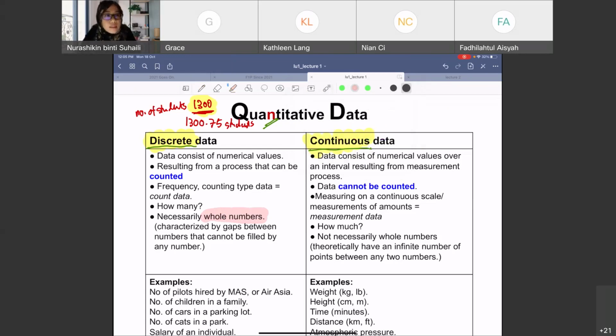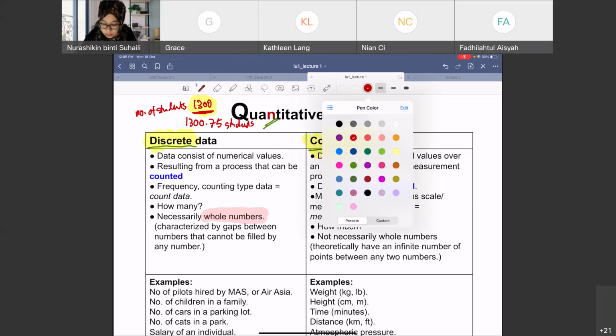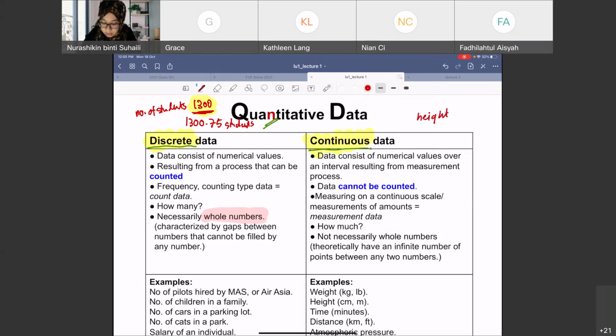But in some situations, we need continuous data. For example, the easiest one just now is height. When I talk about height, there are some who have a height of 150.1 cm, or 1.5, 1.6, like it's continuous. There's no limit for it. 150.2, 150.3. So they are basically decimal points. So this kind of data, we call continuous data, okay?